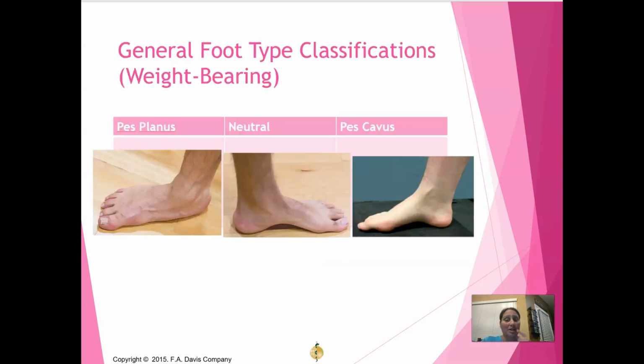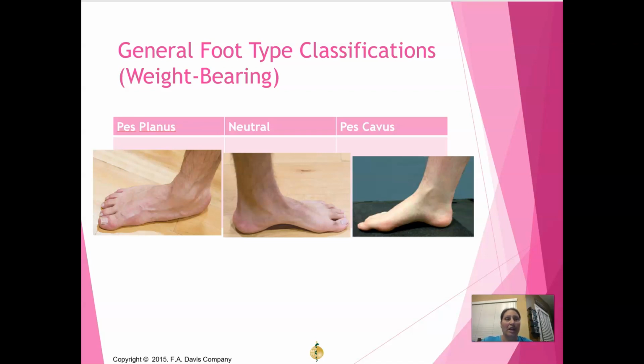All right, so I was talking about different types of foot classification and evaluating it. We want to make sure we're evaluating this in weight bearing, because in non-weight bearing, everybody might appear to have that neutral stance. How I liken it is, imagine they stepped in water and now they're walking around on the concrete.